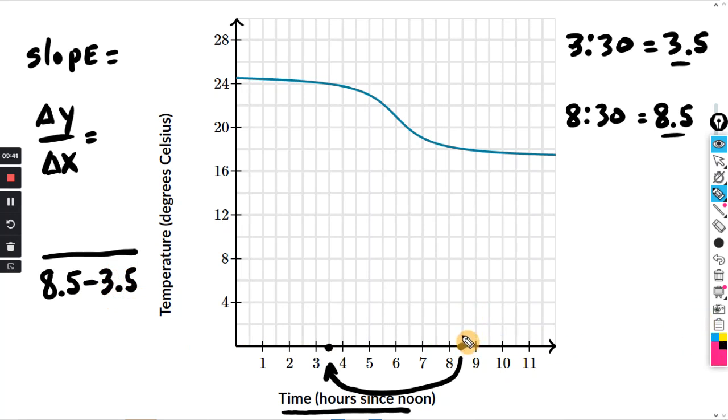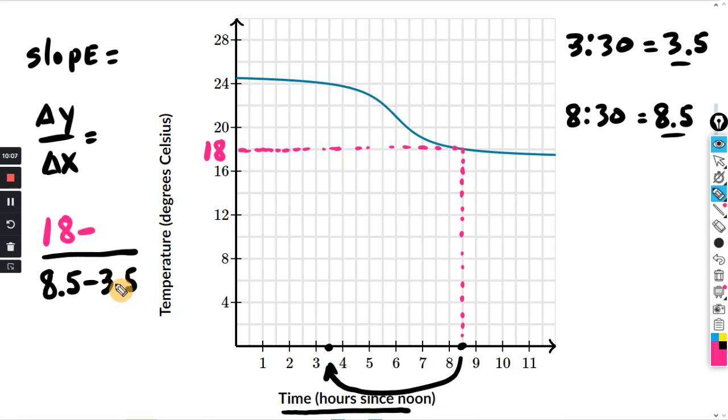At 8.5, if we trace that to the graph, we land right there. What's the y coordinate right there? Well, we trace it to the side. It's between 20 and 16. That's going to be an 18. So the y-coordinate for 8.5 is 18. So at 8.5, we're going to write 18.